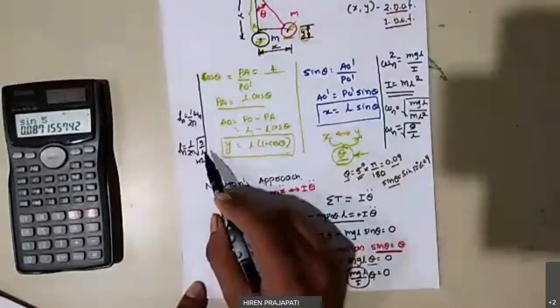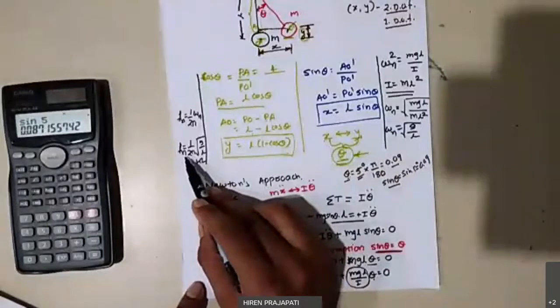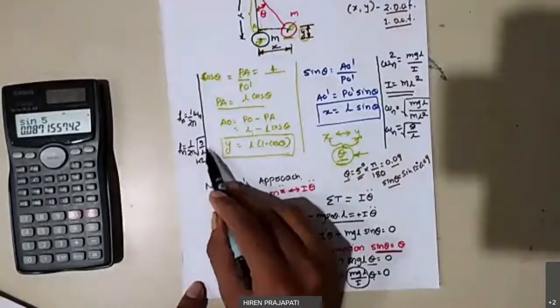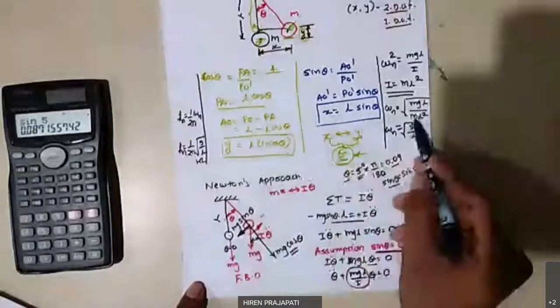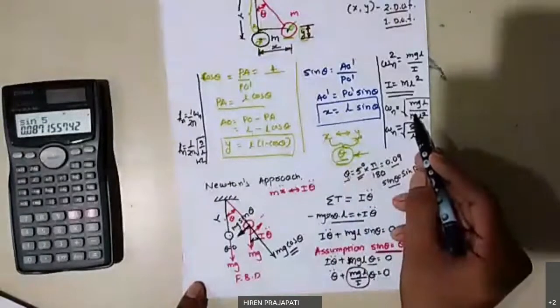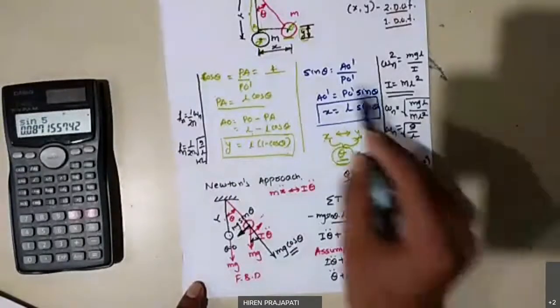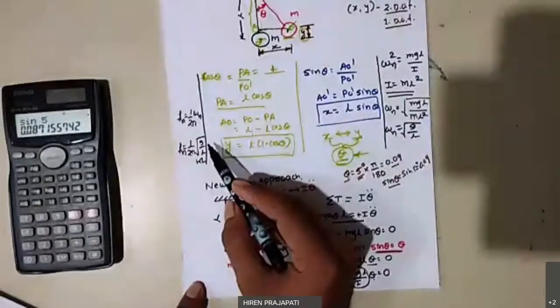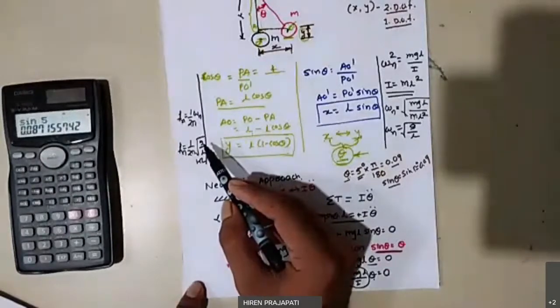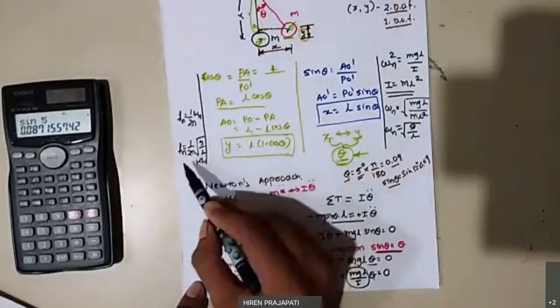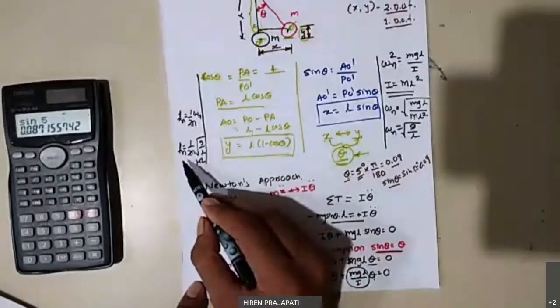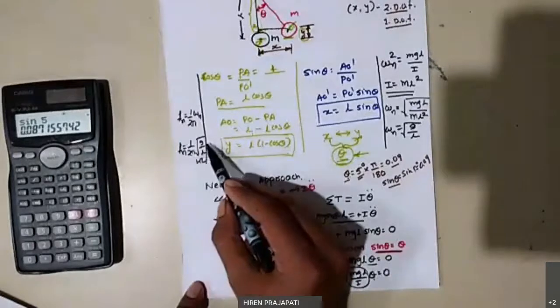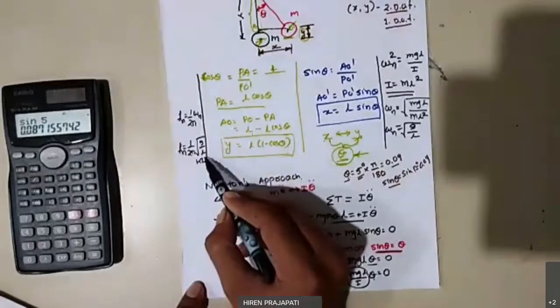So if you look here, the natural frequency of a pendulum depends on g and L. It is independent of mass. If you compare a spring mass system and a pendulum, the natural frequency of a spring mass system depends on stiffness and mass, while the natural frequency of a simple pendulum depends on the gravitational constant and the length of the pendulum, right?